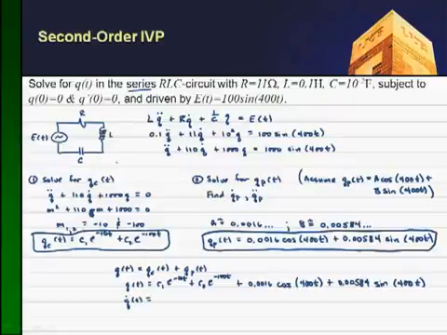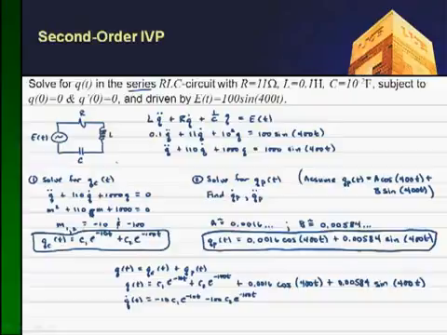So I get Q dot is going to be minus 10 C1 e to the minus 10t. I'm taking the derivative of the first term, and then this becomes a minus 100 C2 e to the minus 100t.